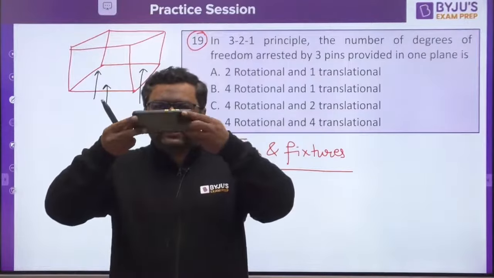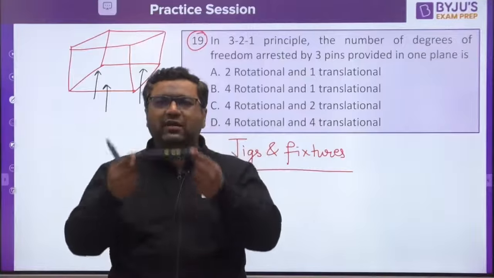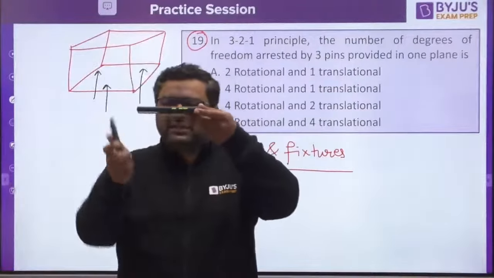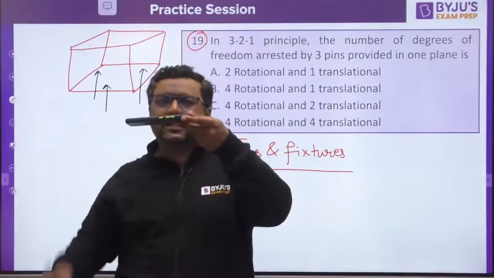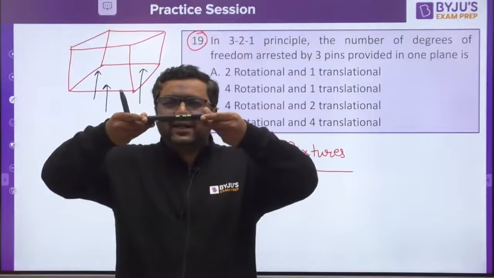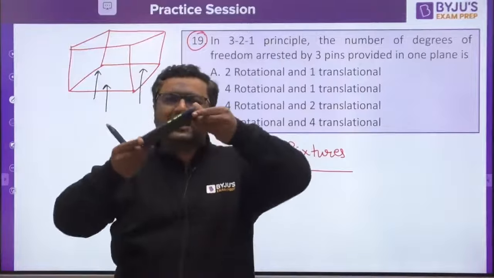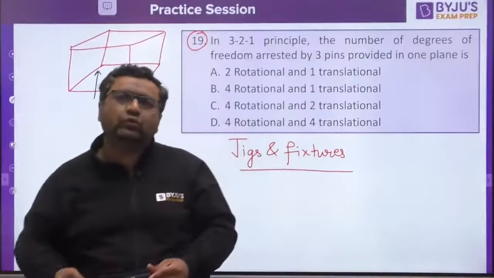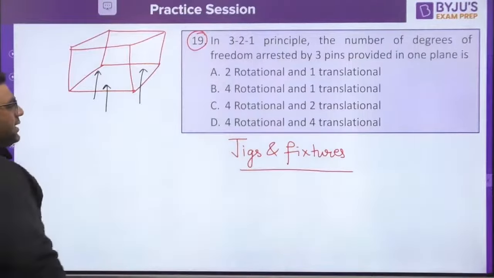Putting these 3 pins, you will be arresting rotations clockwise and anti-clockwise. 2 rotations are arrested, you cannot rotate the workpiece like this, 2 more rotations, and you cannot take it down. So 2 rotations... 4 rotations and 1 translation are being arrested.